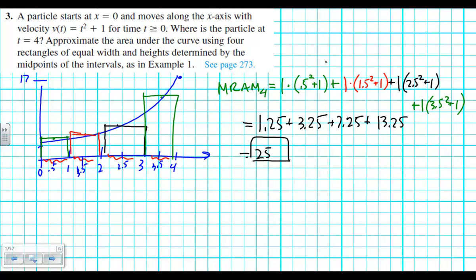Okay? That the area underneath the curve of velocity is distance traveled. Or actually displacement, sorry. Is that all right? Is that clear? Okay, great. All right, that's problem number 3.